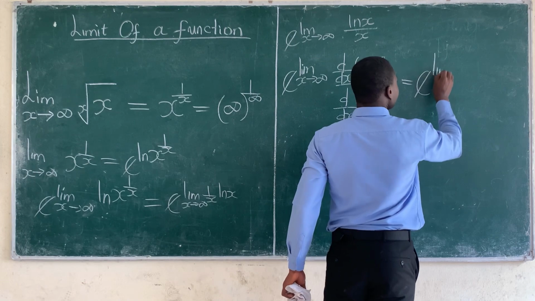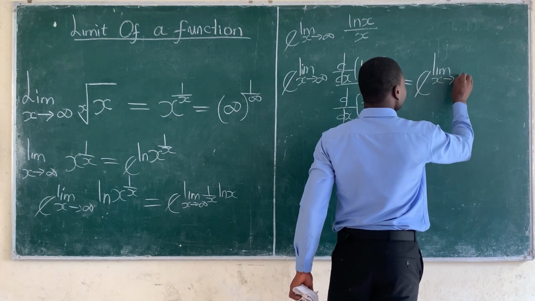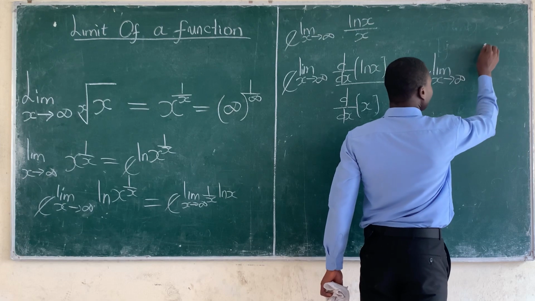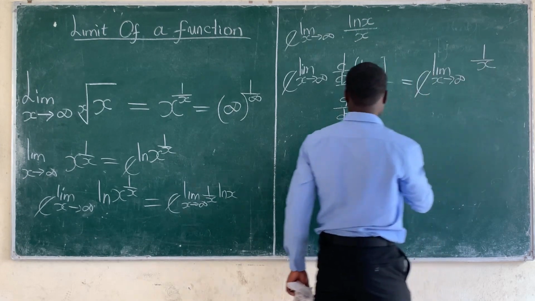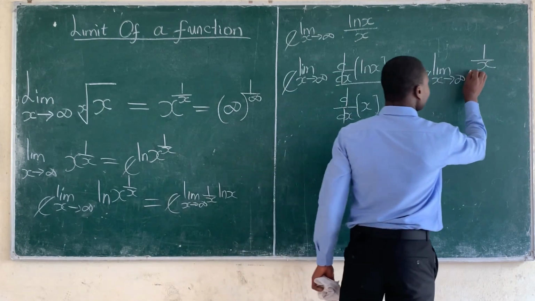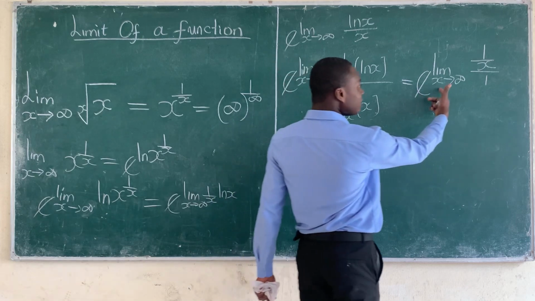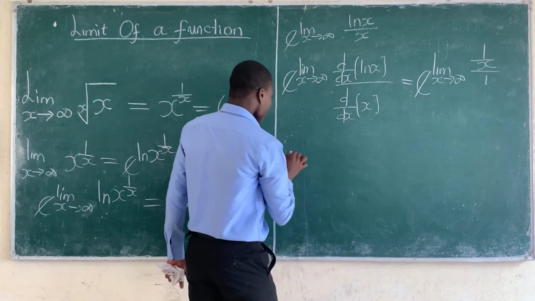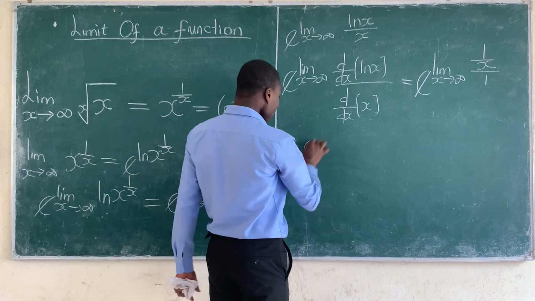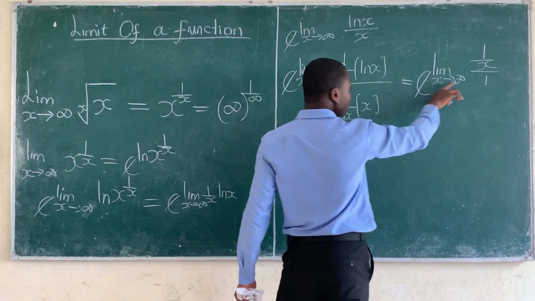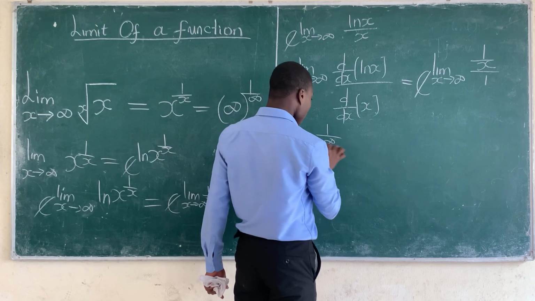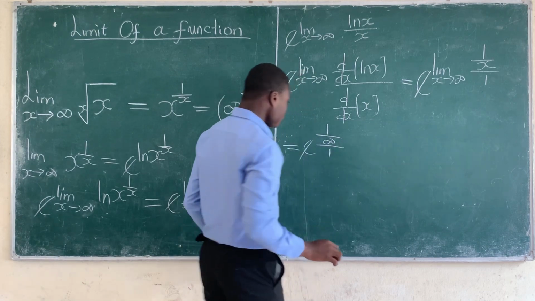E to the limit as x approaches infinity of, if you differentiate ln of x, you have 1 over x. And if you differentiate x, you have 1. So we can now go ahead and substitute our limits. If we substitute x approaches infinity, we have e to the 1 over infinity over 1.